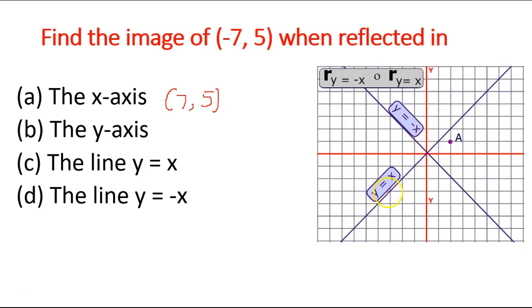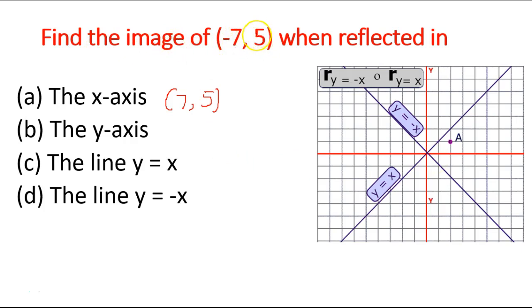If your mirror line is the line y equals x, then switch the y and x coordinates and keep their signs. If your mirror line is y equals -x, switch the y and x and then change their signs as well.